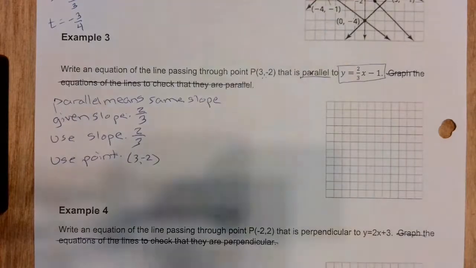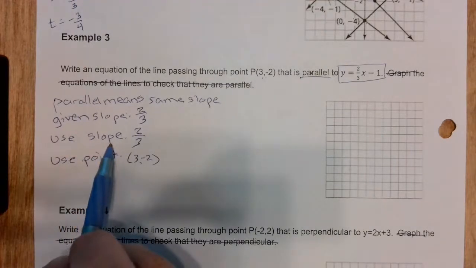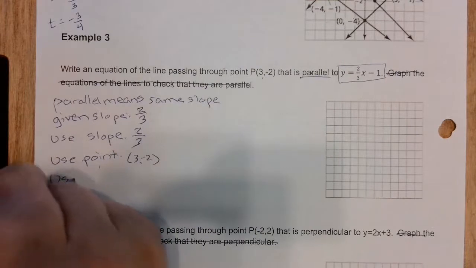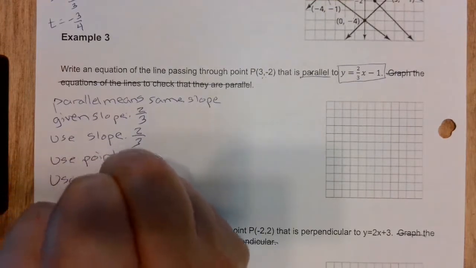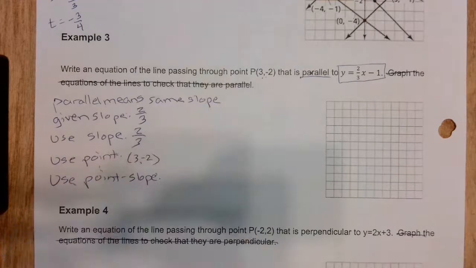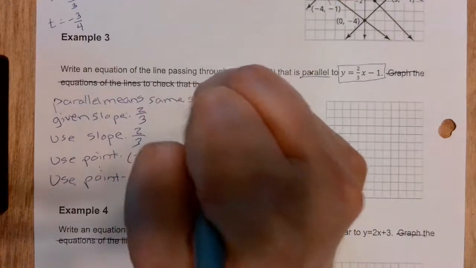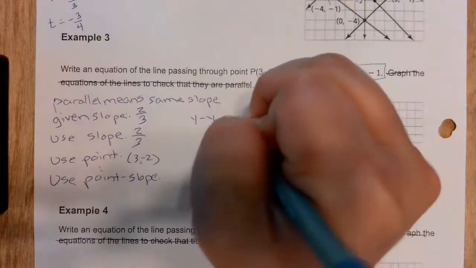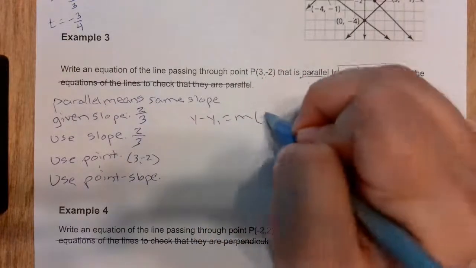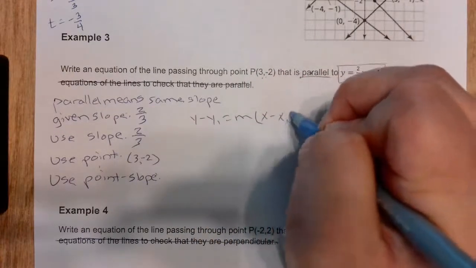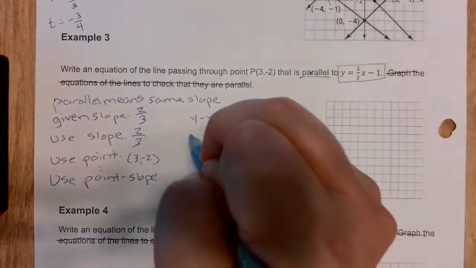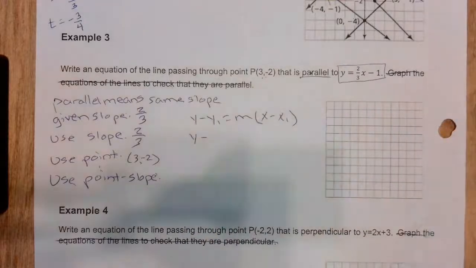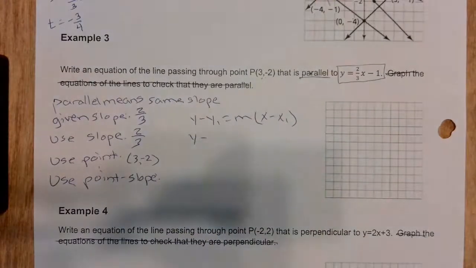Once we have a point and we have a slope, we're going to use point-slope form, which from the front page is y minus y1 equals m parenthesis x minus x1. Y1 is the y value of your point.